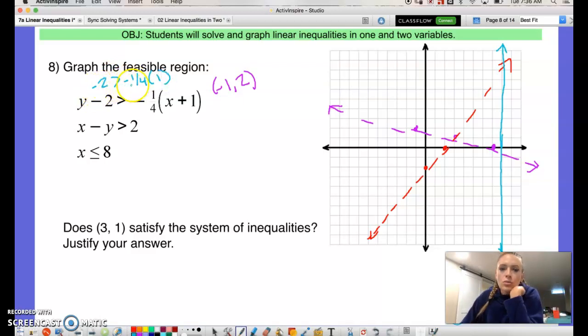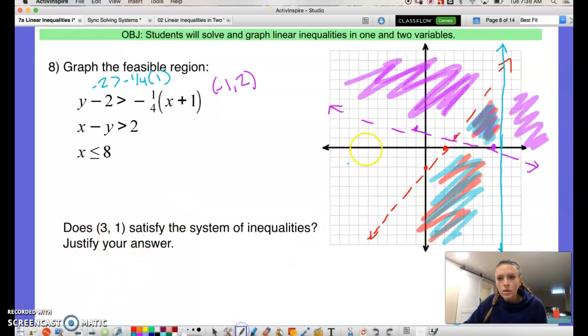So is -2 greater than -1/4? No, it is not. So we are going to shade on the upper part of the purple line. Then go ahead and do the other two. I'm going to get cut off in 45 seconds, so I'll just come back and show you guys the answers in just a second.